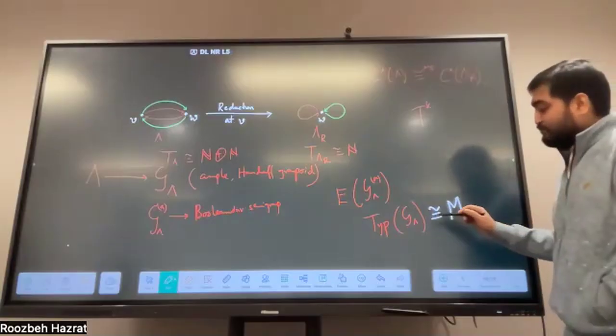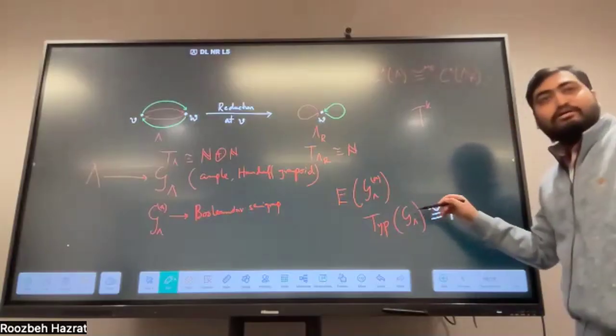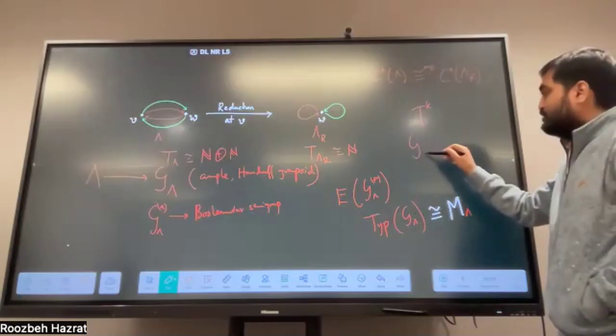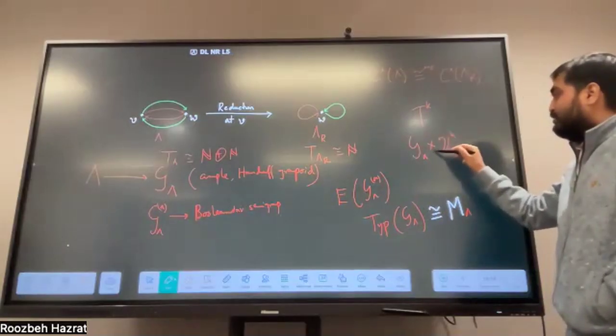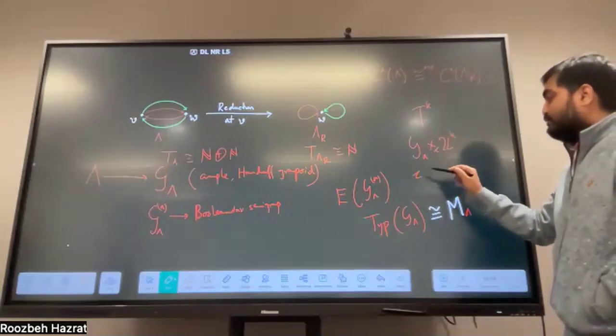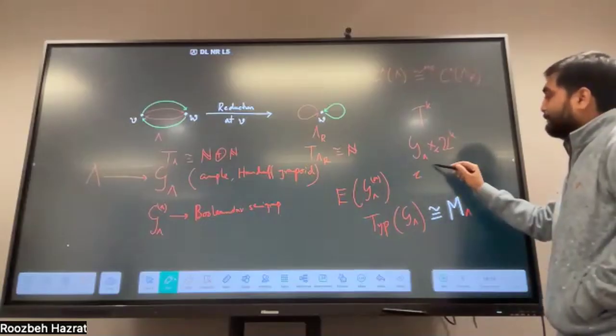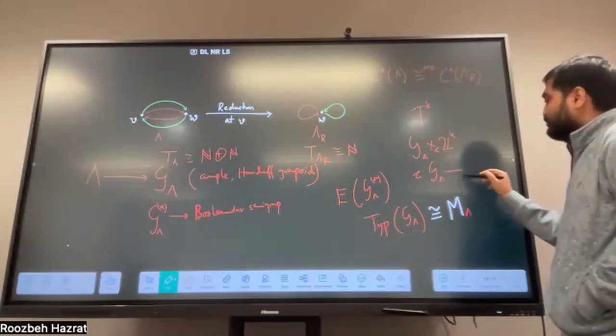But instead of directly using this G lambda, if you take the skew product of G lambda with the group Z^k with respect to this cocycle, you have G lambda cross Z^k.